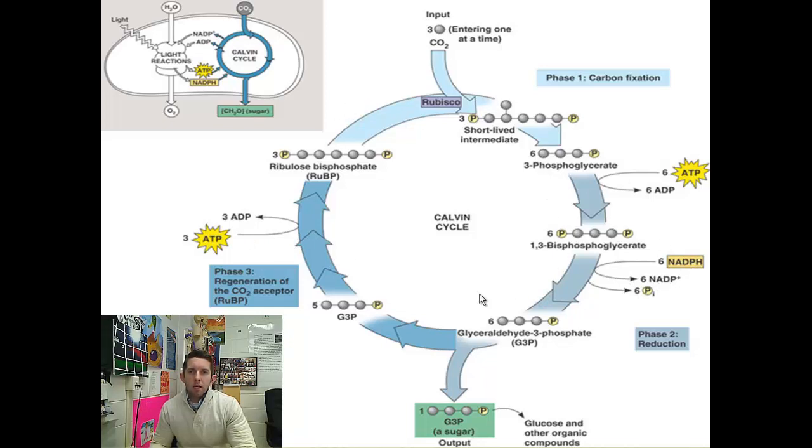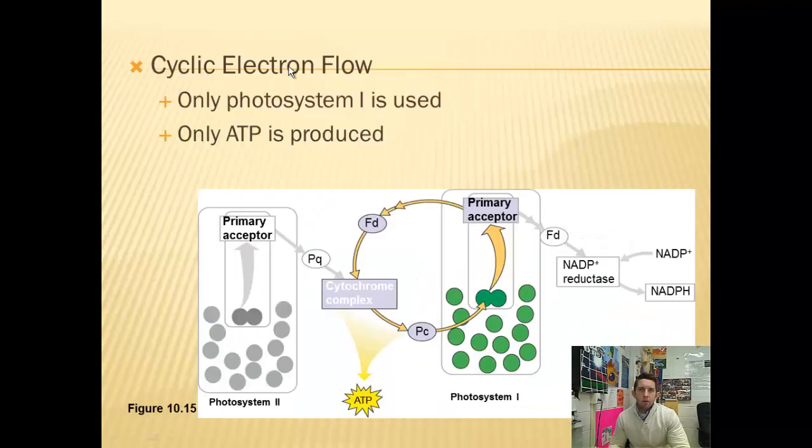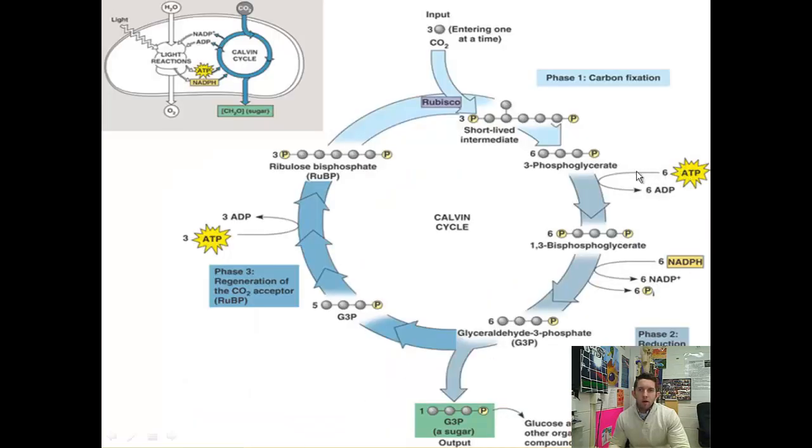That means that this process, as it's spinning, is going to run out of ATP faster than it's going to run out of NADPH. So at certain times, this plant is going to switch from non-cyclic electron flow to cyclic electron flow. Cyclic electron flow only makes ATP.